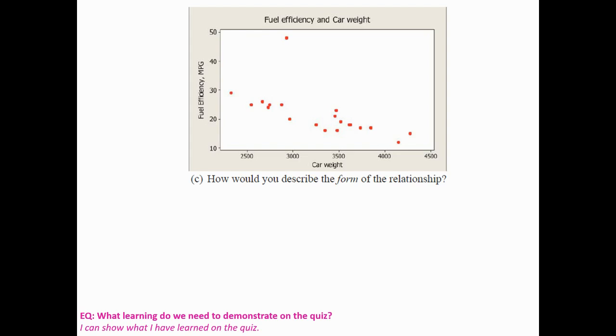All right, this one. How would you describe the form of the relationship? So when we're looking at form, that's whether it's curved or linear or clustered, anything like that. In this case, it does look very linear. So it is linear.